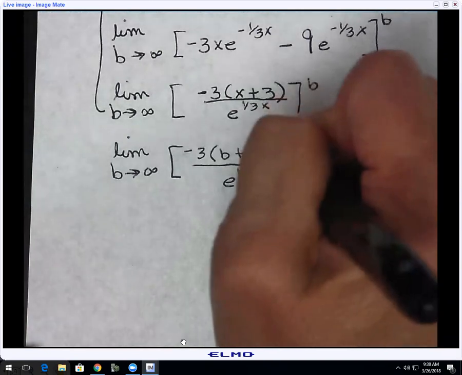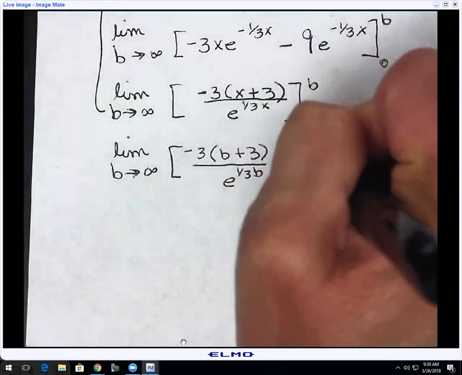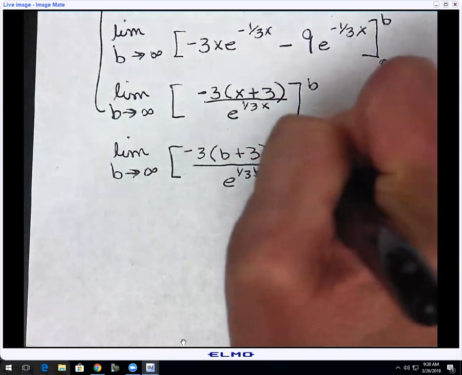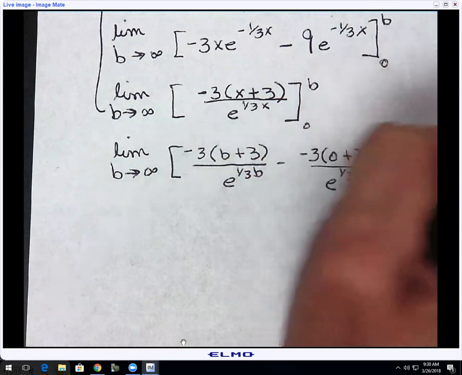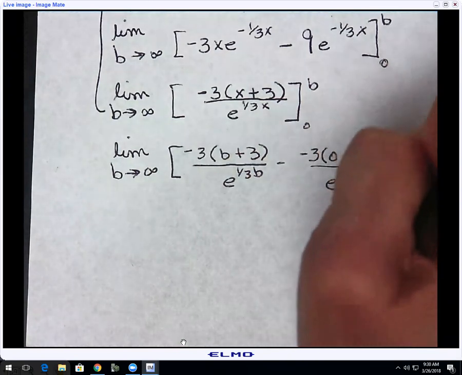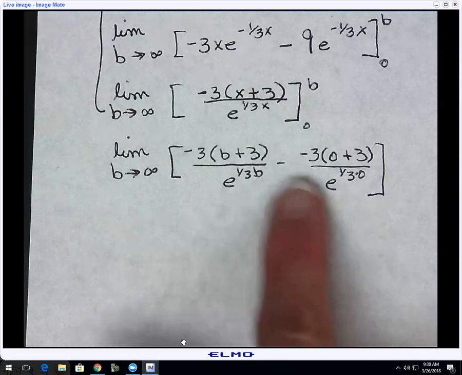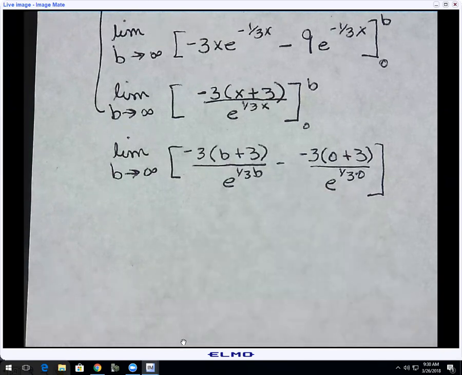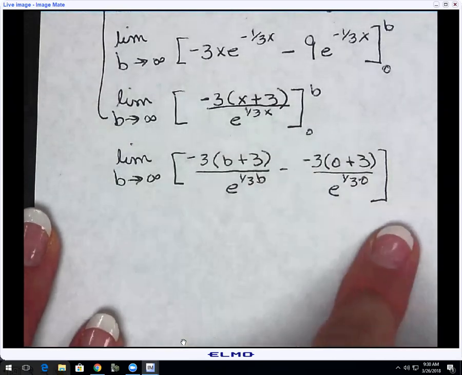And then subtract from that what you get when you put 0 in place of both x's. What's that second term turn out to be? 9. And positive 9, right? So we just have the limit of this guy and then plus 9.